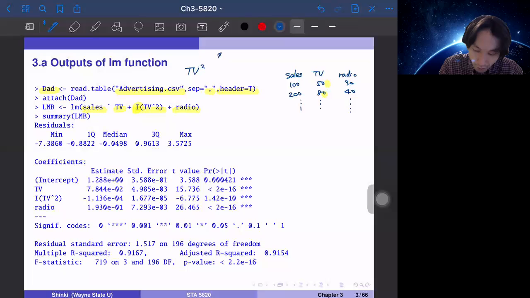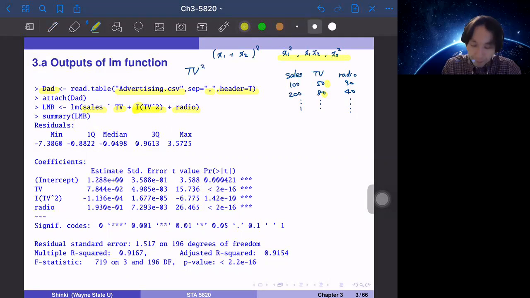If we have x1 plus x2 squared, that means terms such as x1 squared, x1 x2, and x2 squared. To distinguish these, I mean just the value of the square of x1 plus x2, we have to put I. So we regress sales on 3 variables: TV, the square of TV, and radio. Then this is the output.